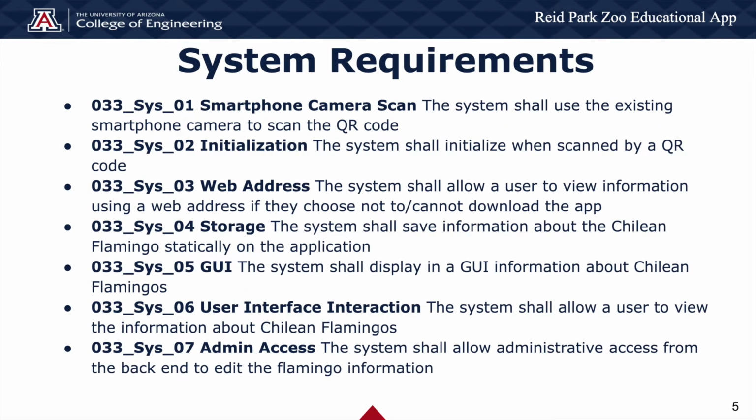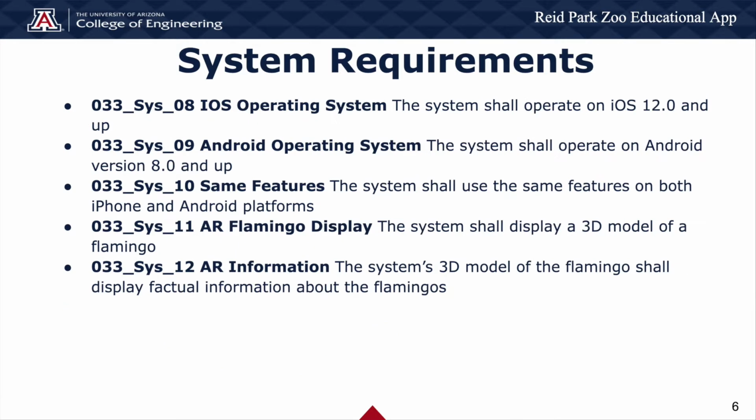Those shall statements are system requirements for the Reid Park Zoo educational application, which are listed in this slide: smartphone camera scan, initialization, web address, storage, GUI, user interface interaction, admin access, iOS operating system, Android operating system, same features for both Android and iOS operating systems, augmented reality flamingo display, augmented reality information.